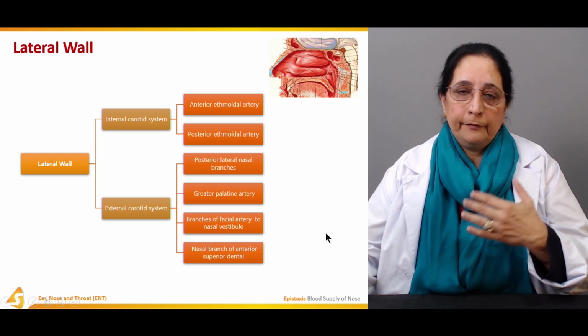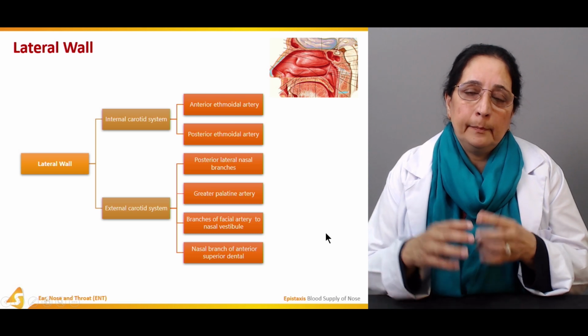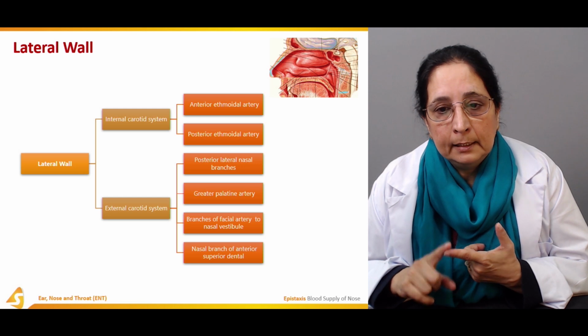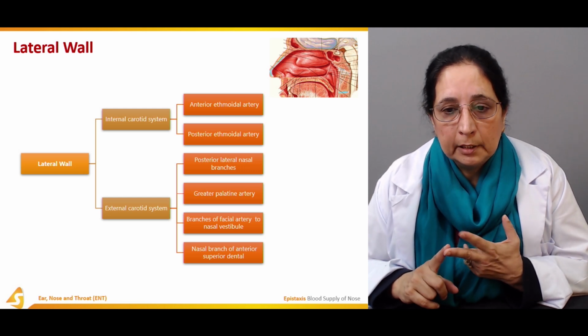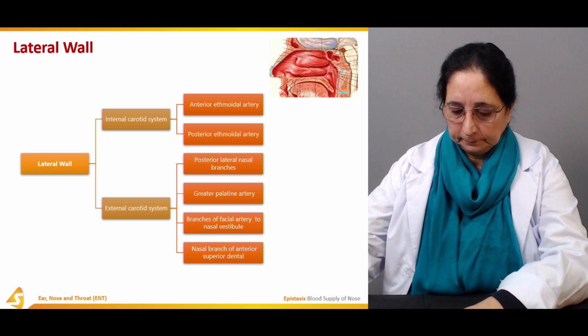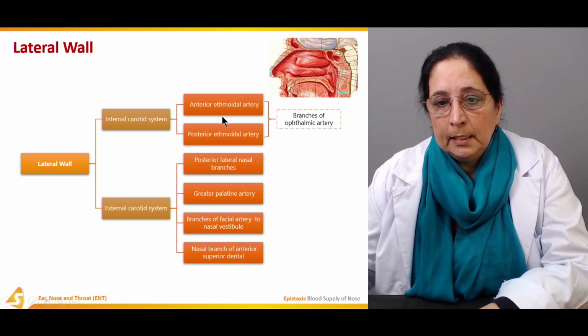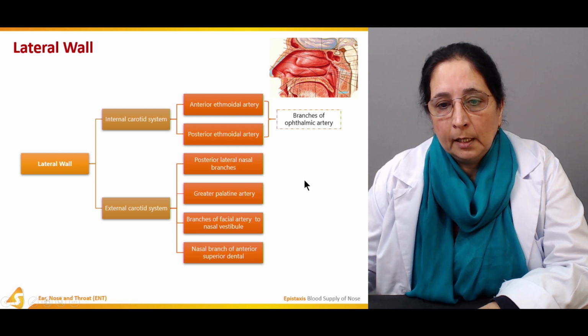The rest is different, but the internal carotid system both have the same blood supply, which is from the anterior ethmoidal and posterior ethmoidal artery. These two are the branches of ophthalmic artery.